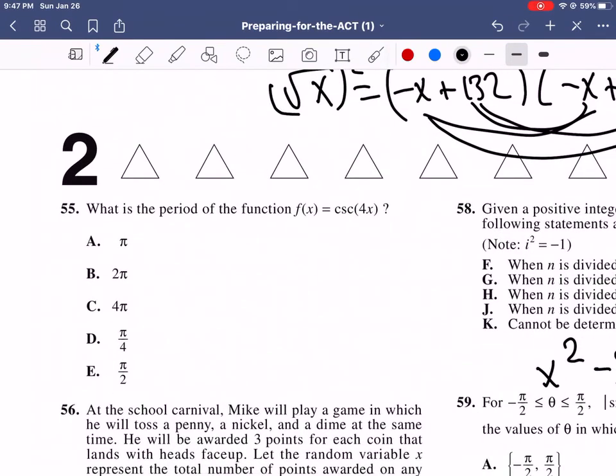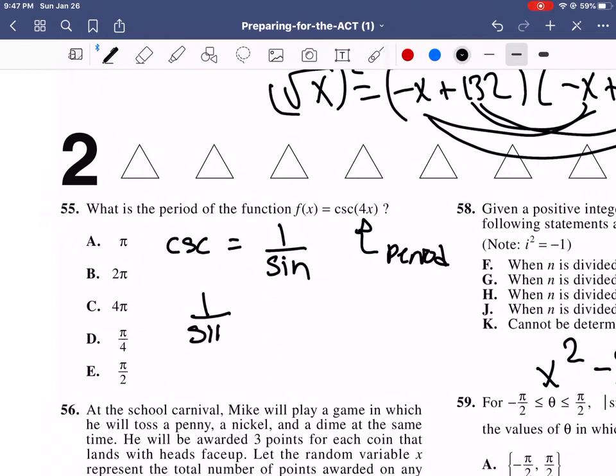What is the period of cosecant 4 of x? Periods are found here. And you know that cosecant is the inverse of sine. So cosecant equals 1 over sine. And 1 over sine of x.